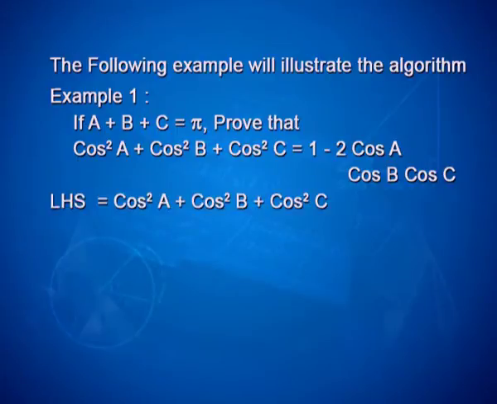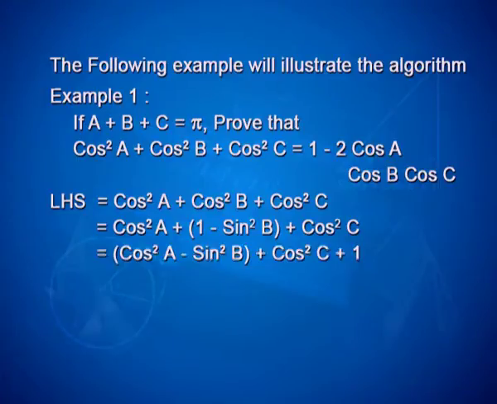Taking LHS as cos square a plus cos square b plus cos square c. We can write this as cos square a plus 1 minus sin square b plus cos square c. Now, clubbing this cos square a and sin square b, we can write as cos square a minus sin square b plus cos square c plus 1.